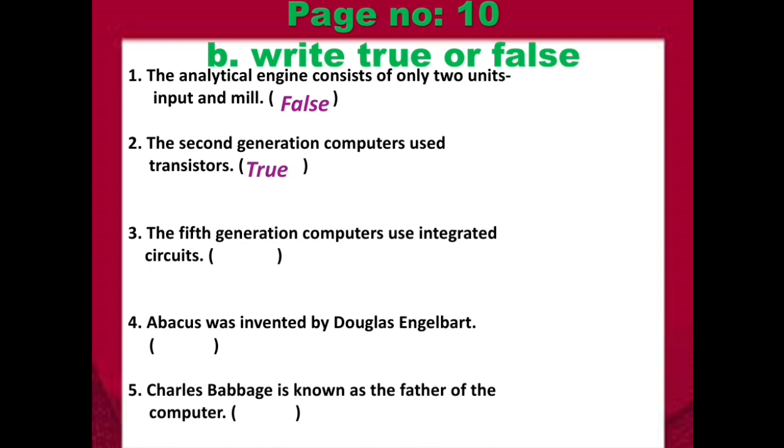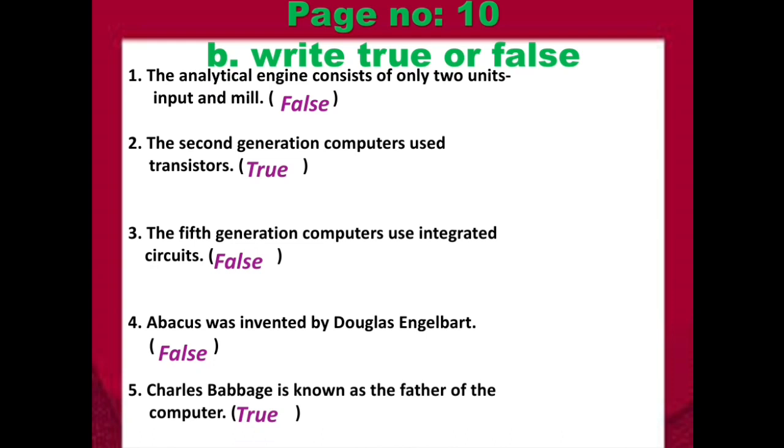No, only in the third generation they used integrated circuits, but here they say fifth generation, so the statement is false. Abacus was invented by Douglas Engelbart. The statement is false.